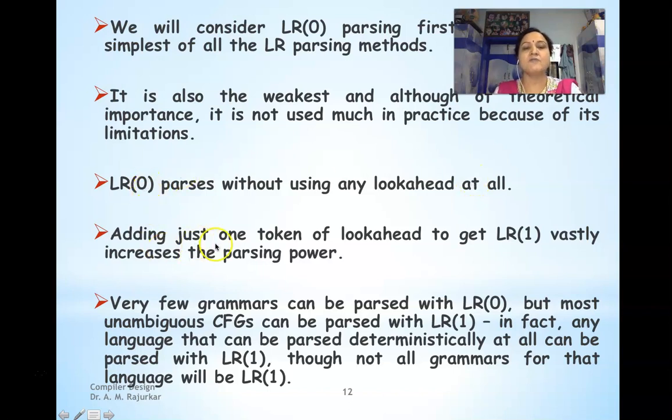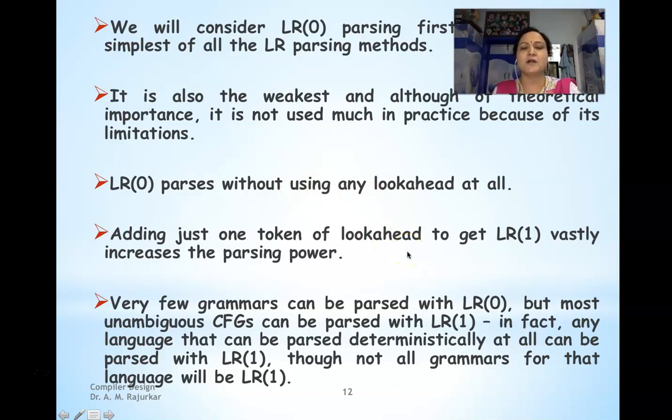Now adding just one token of look ahead to get LR(1) vastly increases the parsing power. So the next category of parser is LR(1). Just adding one look ahead to LR(0) increases the power of the parser, and this LR(1) parser overcomes most limitations of LR(0) parsing.